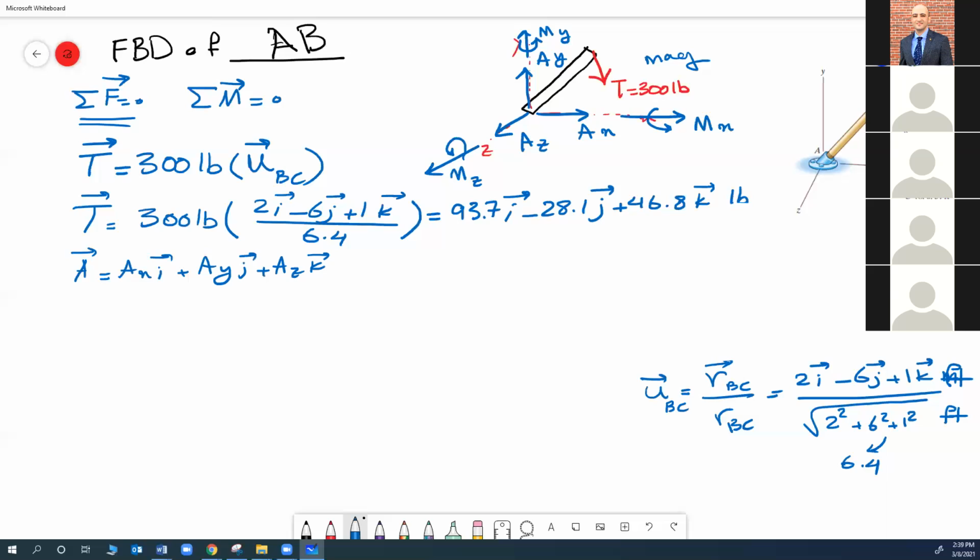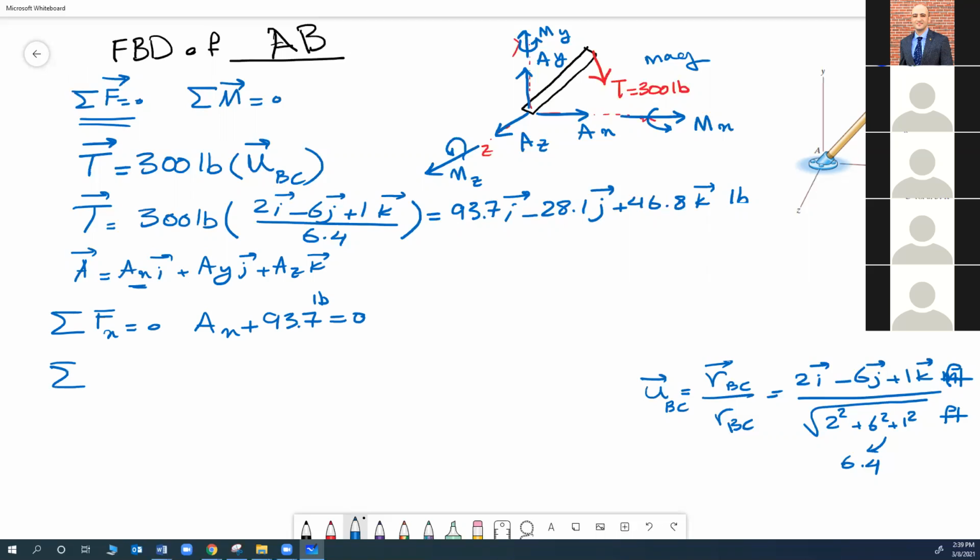If you want to, you don't have to. All right, let's look at it then. Summation of forces in X direction is 0. All the I's you got to add together. So it's going to be AX plus 93.7 equals 0. I forgot the units, pounds. Okay.